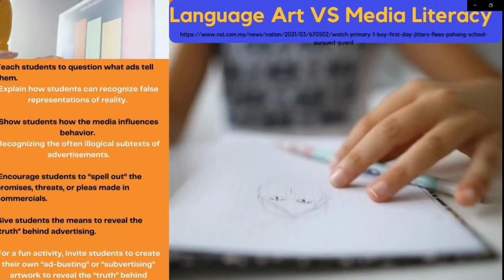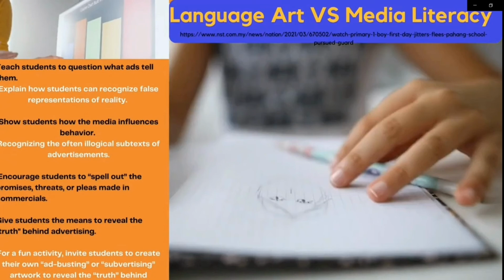From the aspect of language arts and media literacy, I teach students to question what ads tell them. I explain how students can recognize false representations of reality. It shows students how the media influences behavior. I recognize the often illogical subtext of advertisements.